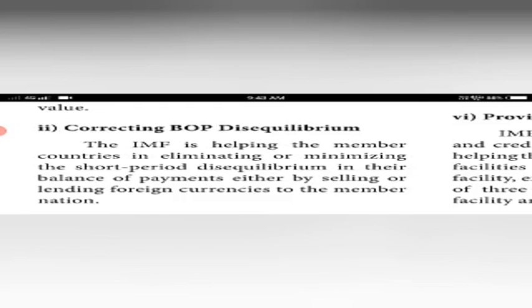It may be national trade and international trade, with foreign currency coming into the country. So if disequilibrium prevails, the IMF eliminates or minimizes it and brings balance of payment, either by selling or lending foreign currencies to the member nation.